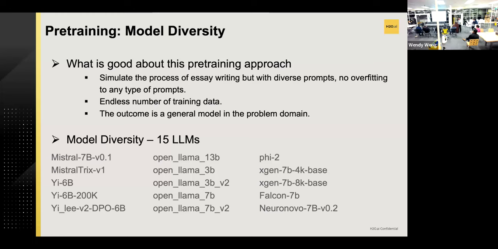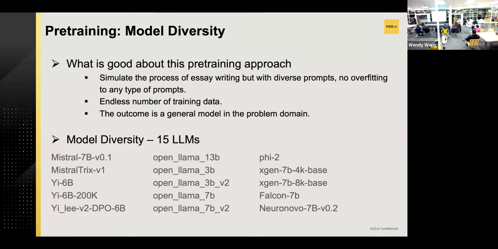So after this pre-training step, the model has become a general model in the problem domain. I mean, it's already quite in the competition domain. So it's much closer compared with the originally pre-trained DeBERTa model, much better.